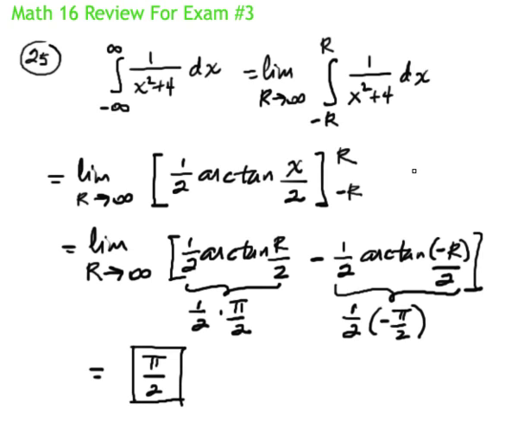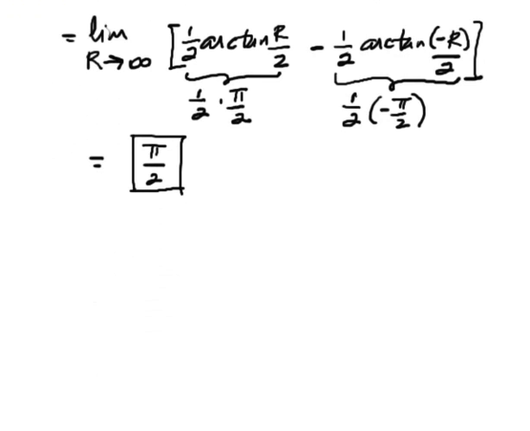Let me just remind you for a second what the arctan graph looks like so you can see why we have these limits. Here's the arctan graph. Okay, so we're looking at y equals arctan x.